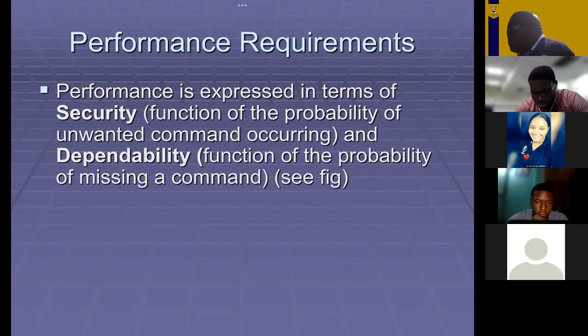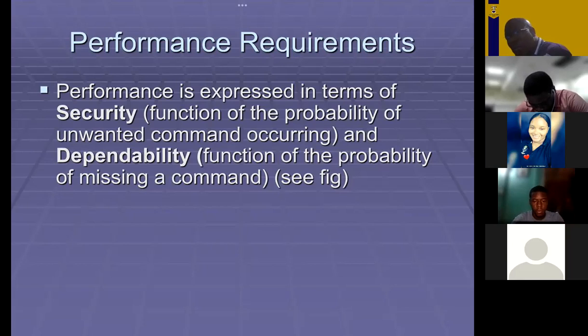So I'll go again. For security, it's based on the probability of an unwanted command occurring. And dependability, the function of the probability of missing a command.